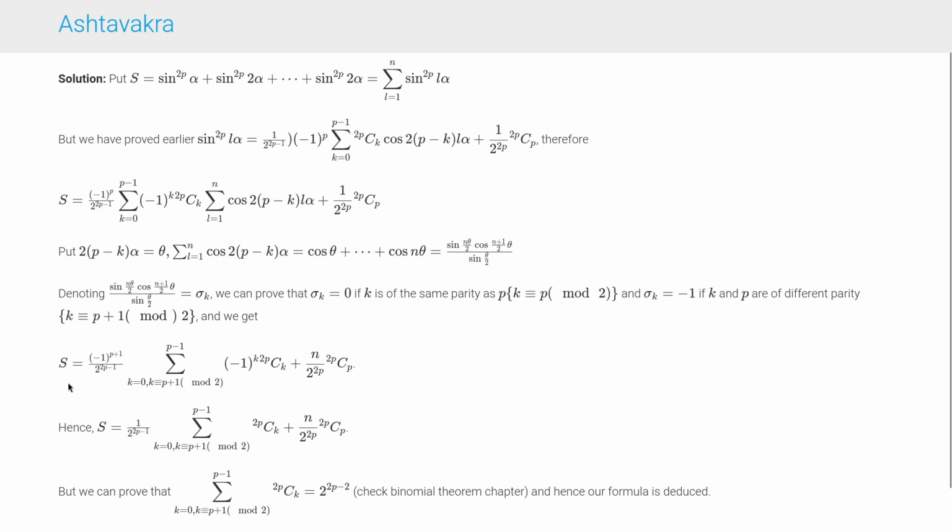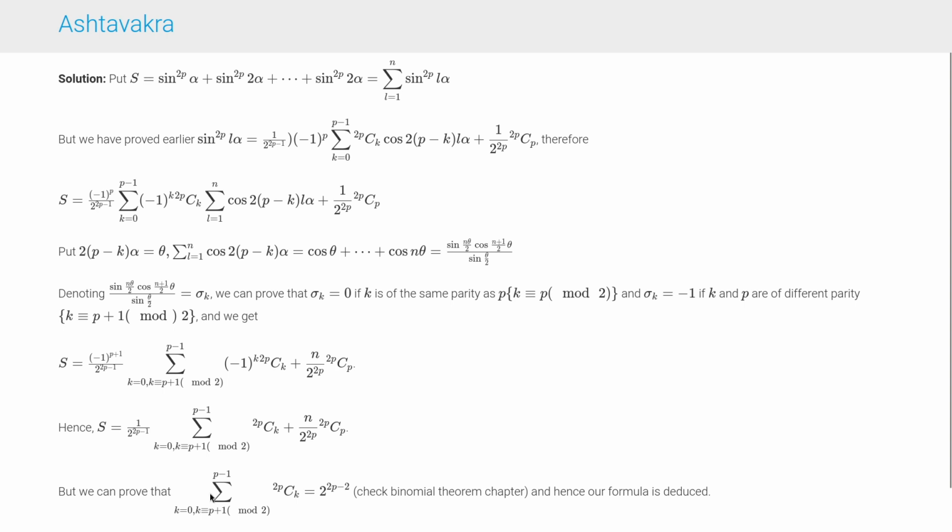So we get S is equal to minus 1 to the power p by 2 to the power 2p minus 1, sigma k equals 0, k equivalent to p plus 1 mod 2, up to p minus 1 of minus 1 to the power k 2pCk, plus n by 2 to the power 2p 2pCp. Hence S is equal to 1 by 2 to the power 2p minus 1, sigma k equals 0, k equivalent to p plus 1 mod 2, p minus 1 of 2pCk, plus n by 2 to the power 2p 2pCp.